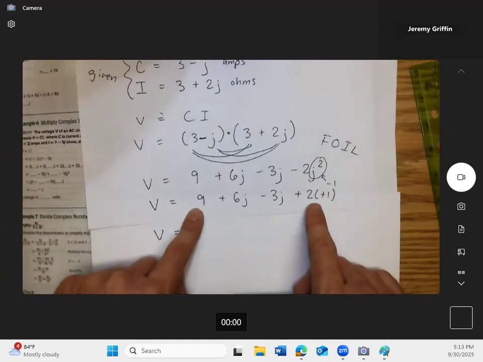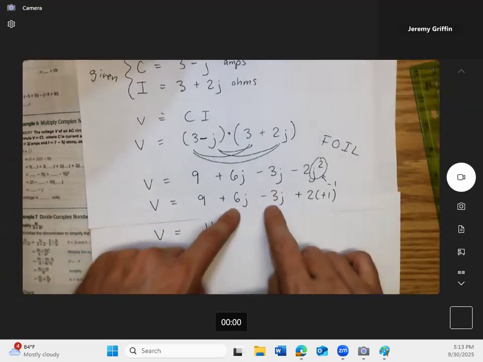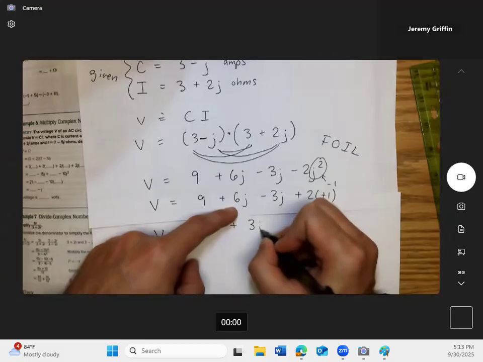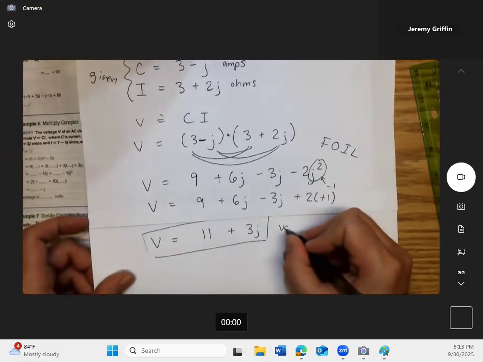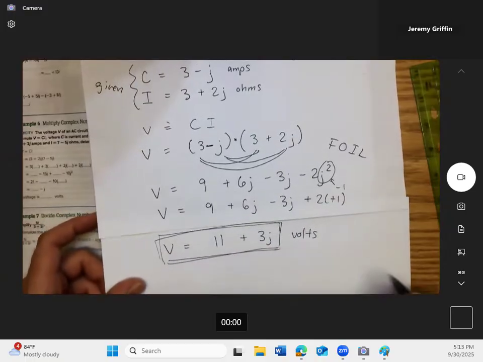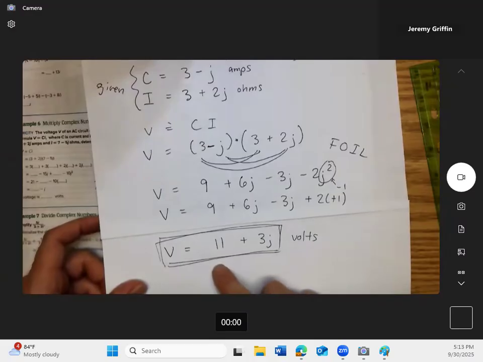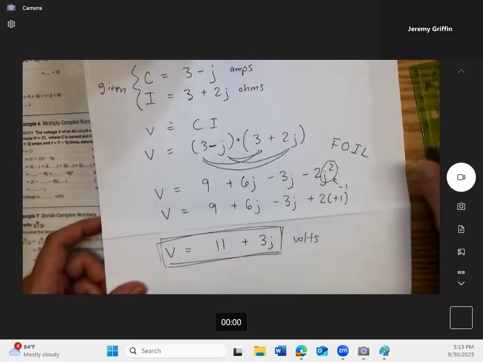So 9 plus 2 gives me 11, and 6j minus 3j is 3j. Okay, so that should be the answer right there. Okay, that would be so many volts. There's a real component to the voltage. There's also an imaginary component, and that's what applies to alternating current.